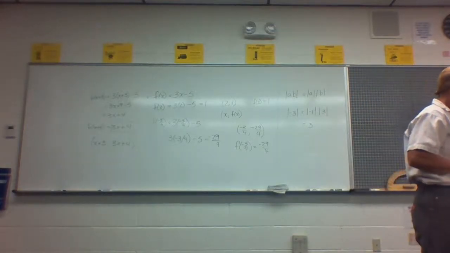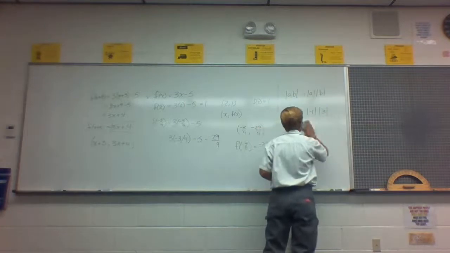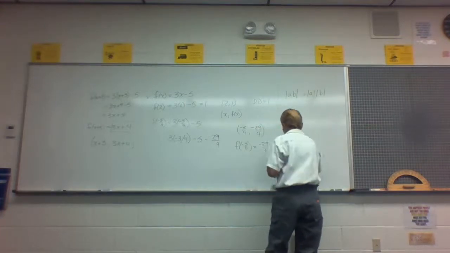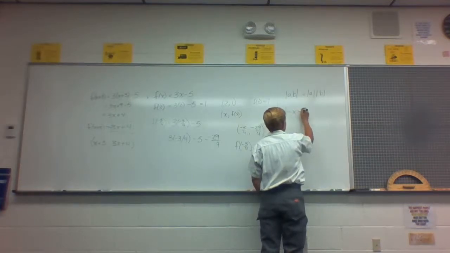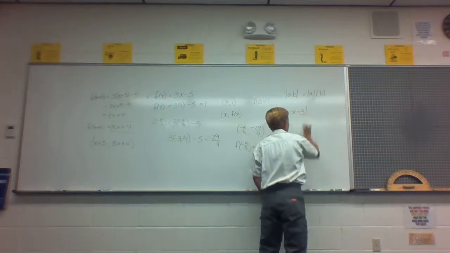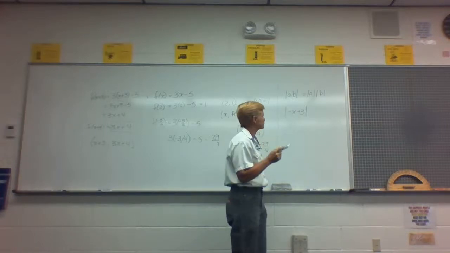Okay, so for example, let me do this one with you. This is a better example than I just showed you of where you're going to use this. If I ask you to find for me the absolute value of -x minus 3, no, let's make it plus 3. Watch carefully, this is subtle, important.